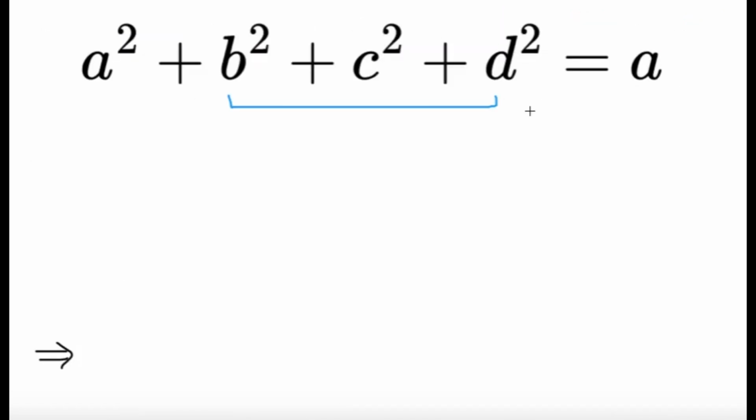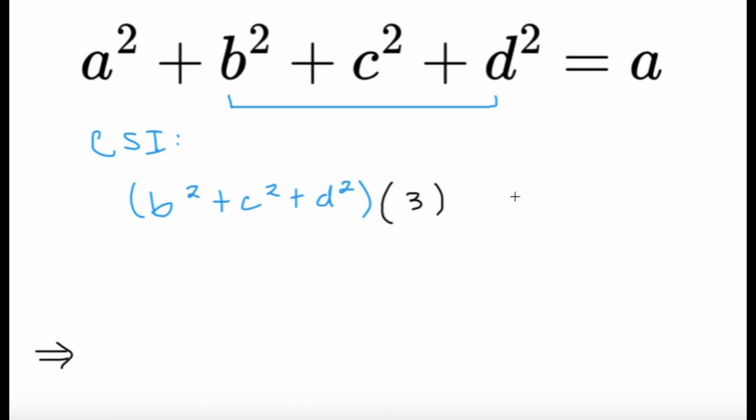Now, we can do a little bit more since we have b squared plus c squared plus d squared, and we can use the well-known Cauchy-Schwarz inequality. By the Cauchy-Schwarz inequality, the sum of squares b squared plus c squared plus d squared times 1 squared plus 1 squared plus 1 squared, which is equal to 3, will be greater than or equal to (b plus c plus d) squared.